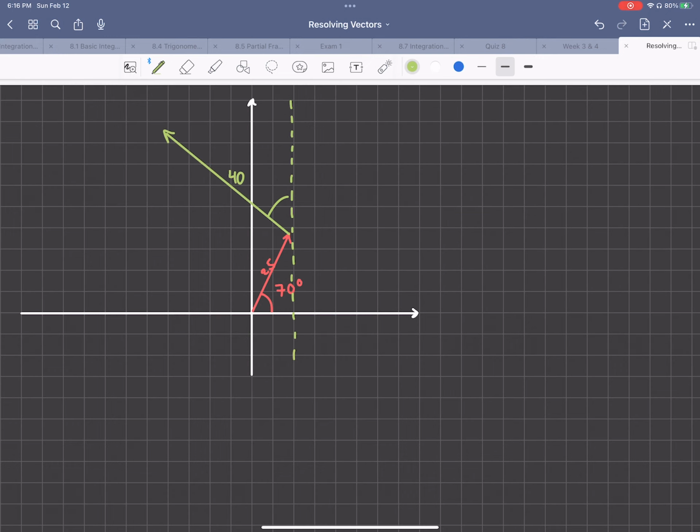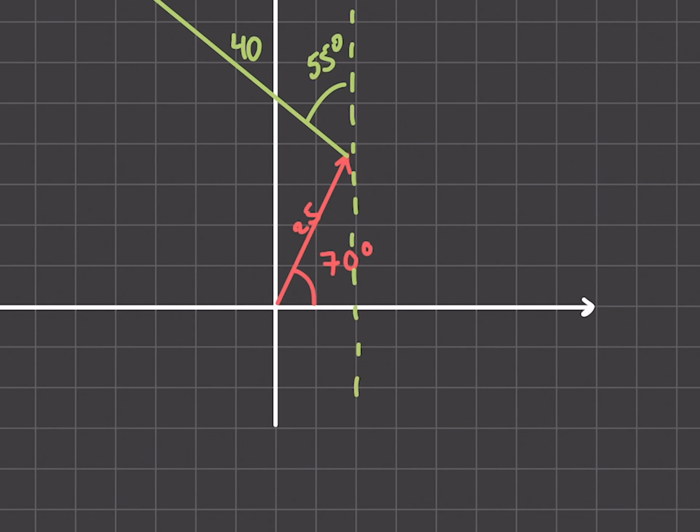This is 40, let's say, and this is 55 degrees. And the final vector is 20 meters in direction 15 south of west. So this is west, this is south. 15 south of west is this, okay?